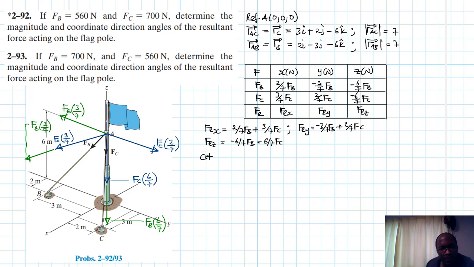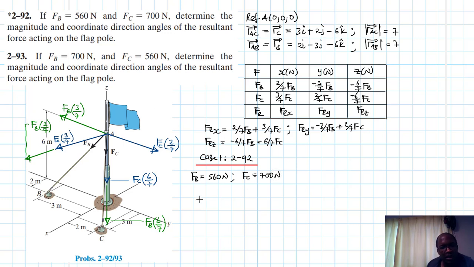So let's go to the first case, which is case 1, and it's 2-92. Alright, so now here we have been given what FB is. We've been told FB is equal to 560 newtons and FC is equal to 700 newtons.